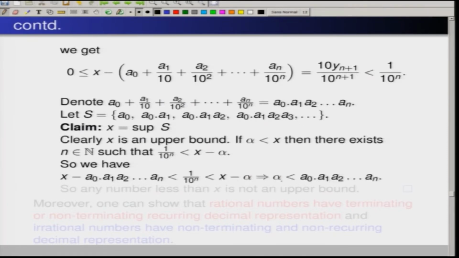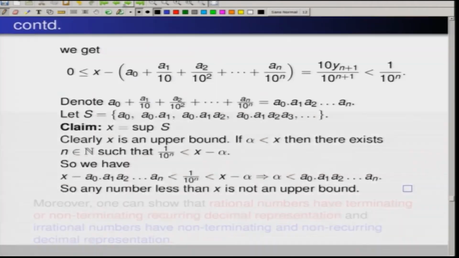This will imply that alpha, with x getting cancelled, is less than this. Therefore, alpha cannot be an upper bound for S, so x is the least upper bound.